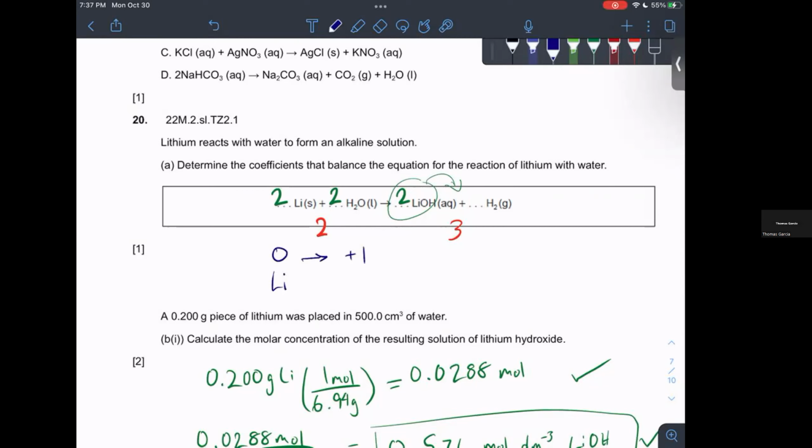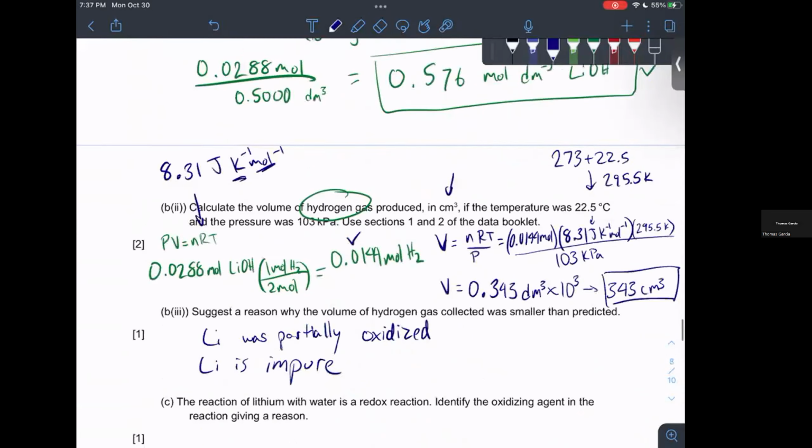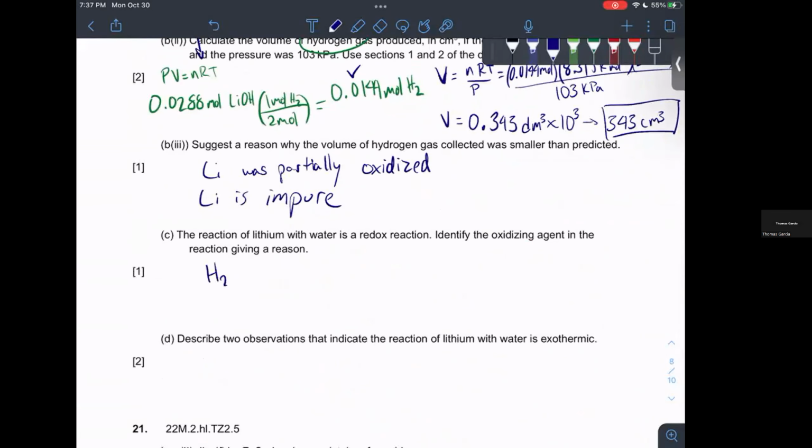That means lithium is being oxidized, therefore it's the reducing agent. Lithium is the reducing agent. Therefore, our oxidizing agent is the other thing, the water. So H2O is the oxidizing agent.